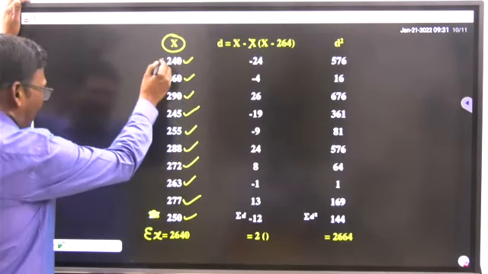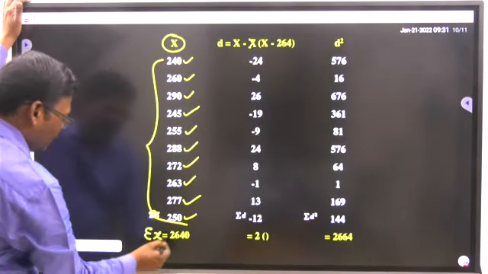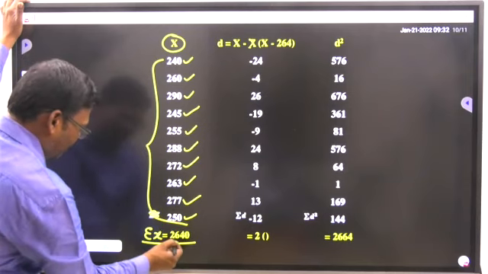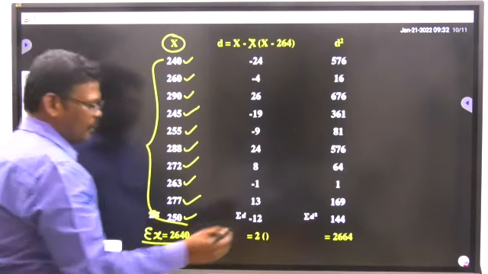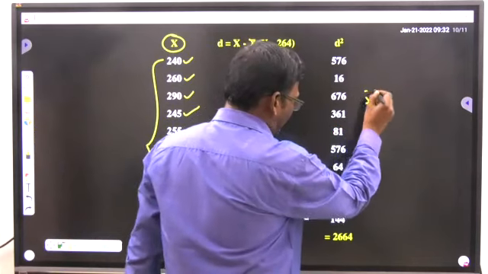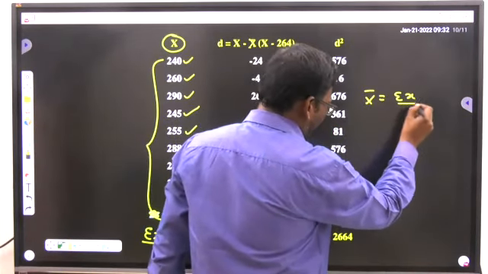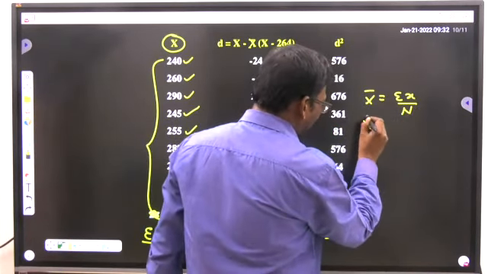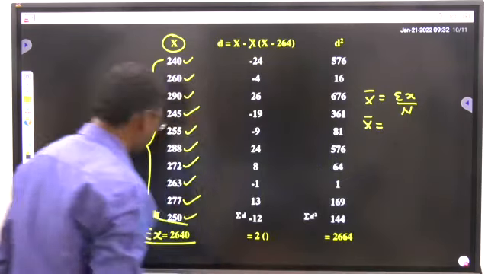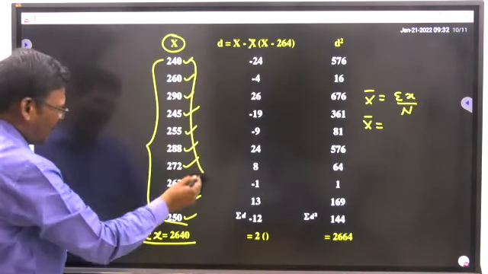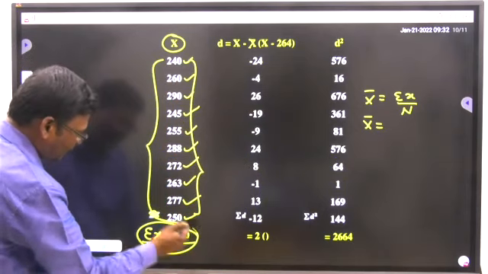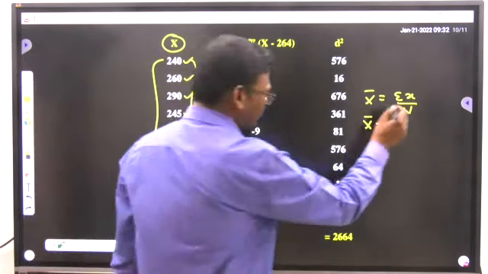If we add all these values, we get 2640. We know that x bar is equal to sigma x by n, so x bar is sigma x, which is 2640.